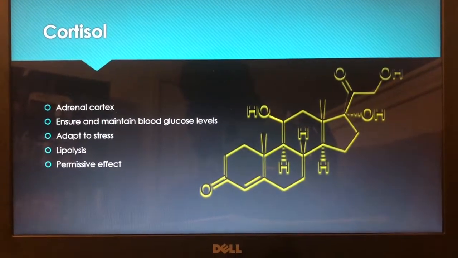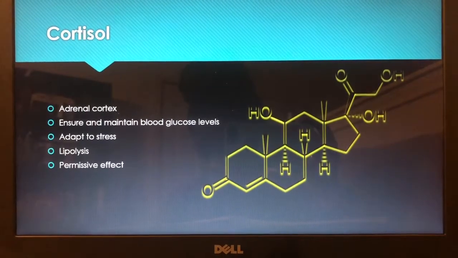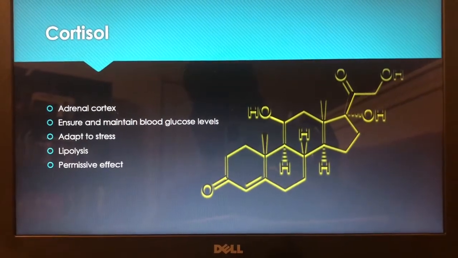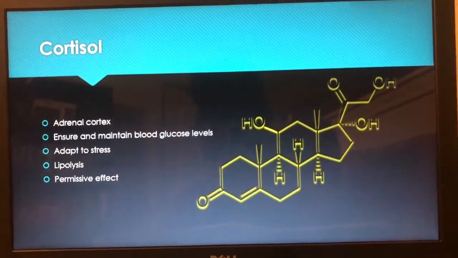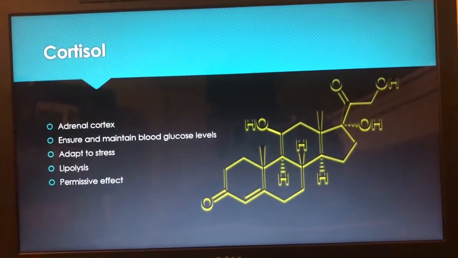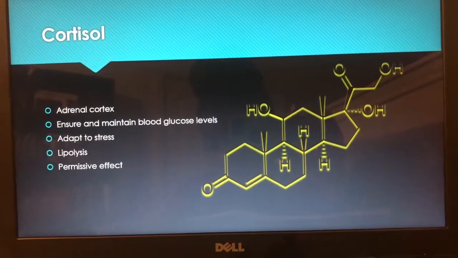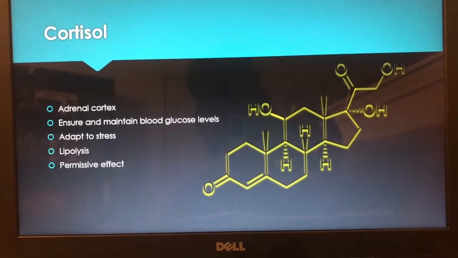It also contributes to the stimulation of protein degradation in the skeletal muscle and the bones, which releases the amino acids that drive gluconeogenesis. And it stimulates lipolysis, which is the breakdown of fats.